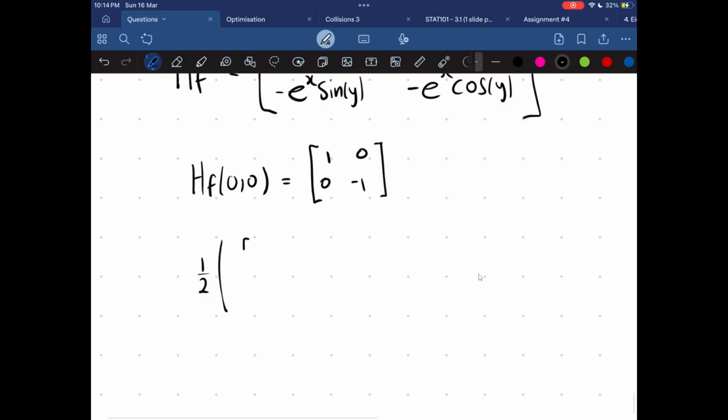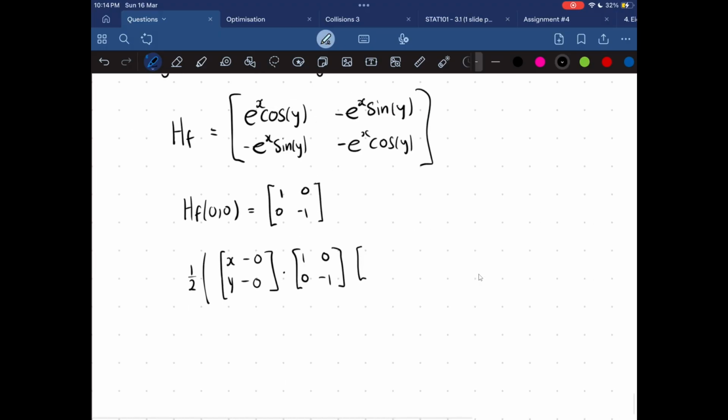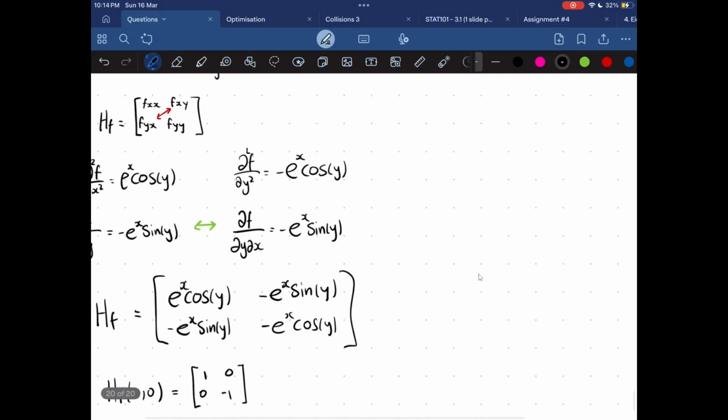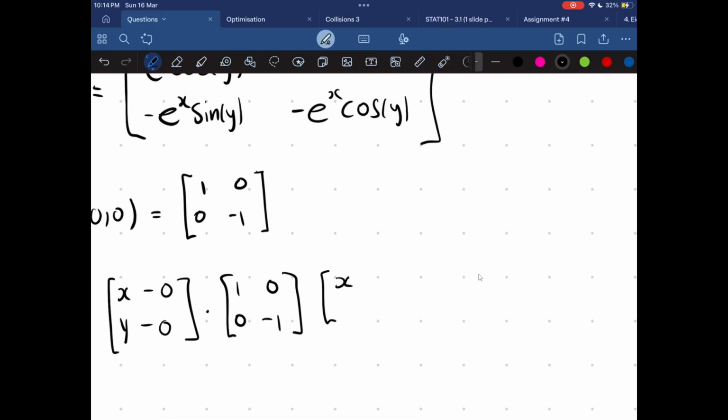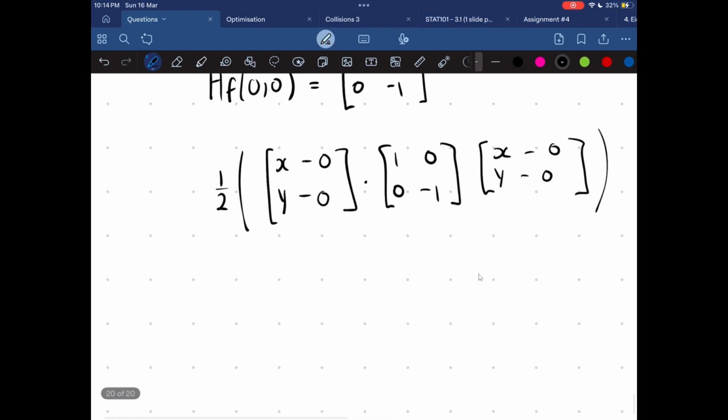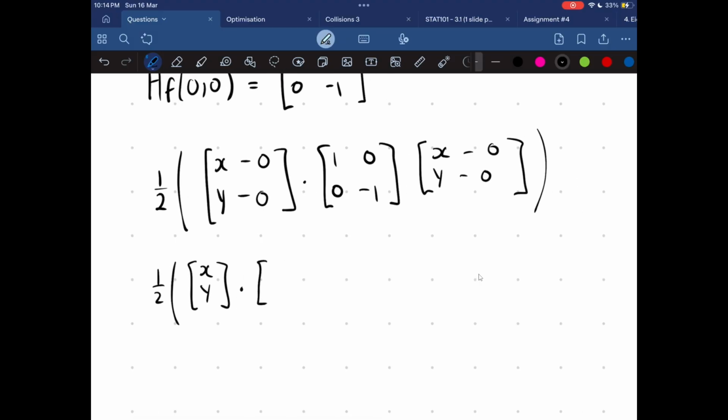So now we have our xy minus our point, kind of like before. This is dotted with this matrix, the Hessian multiplied by xy minus 0, minus 0. Boom. Just simplifying this, we get a vector like this, dotted with this, multiplied by xy.